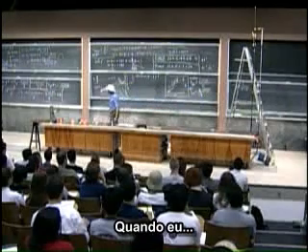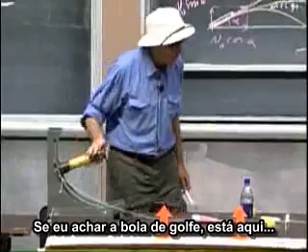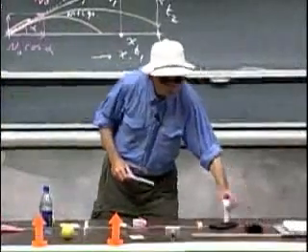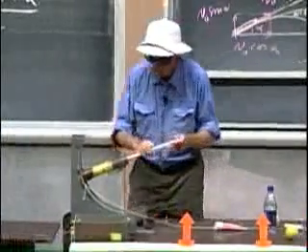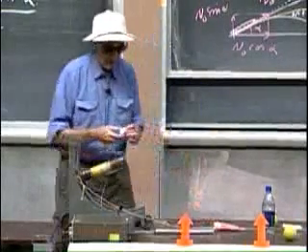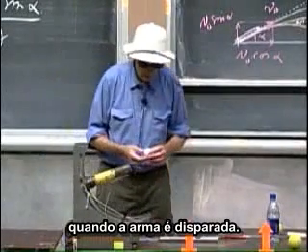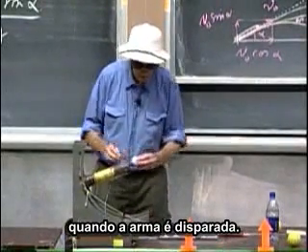When I cock the gun, if I can find the golf ball, it's here, then the electric circuit takes over. And now the current will be disconnected when the gun is fired.